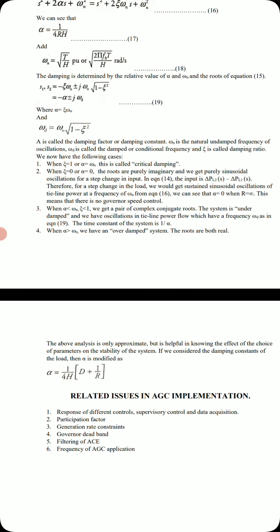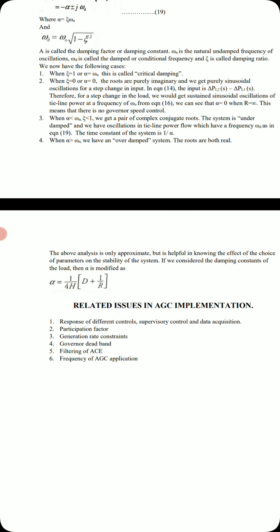Before taking the problems, we will see the last part of this first half of unit module 4. Some related issues in the AGC implementation are there. Those issues are: one, first response of different controls, supervisory control and data acquisition. Second, the participation factor. Third, the generation rate constraints. Fourth, the governor deadband.